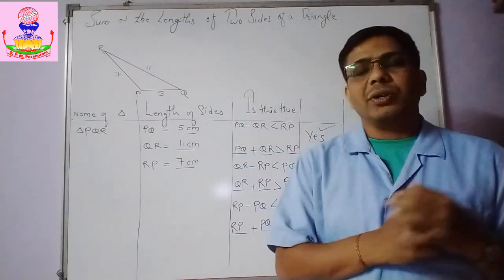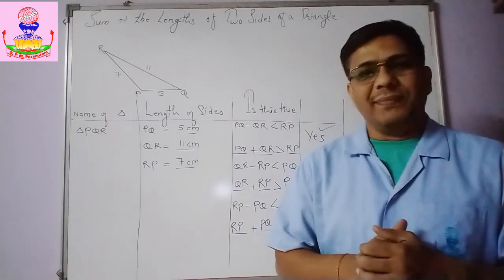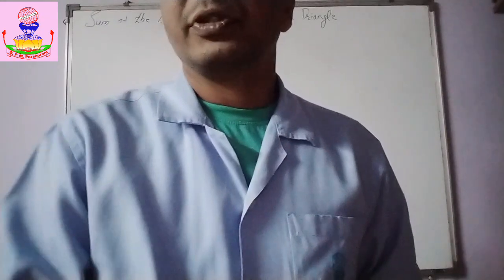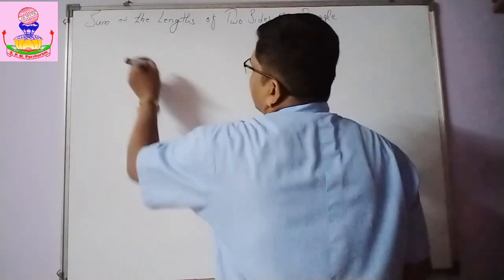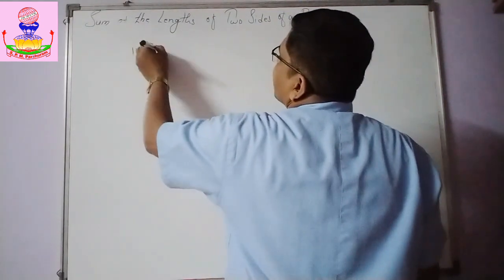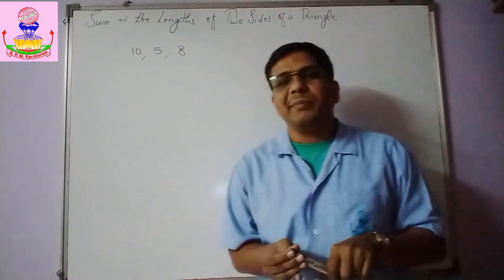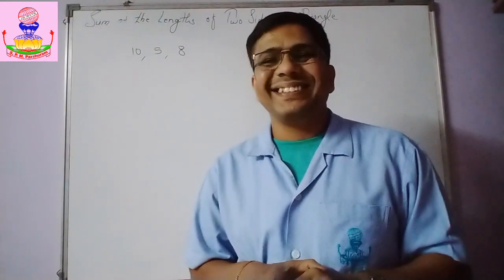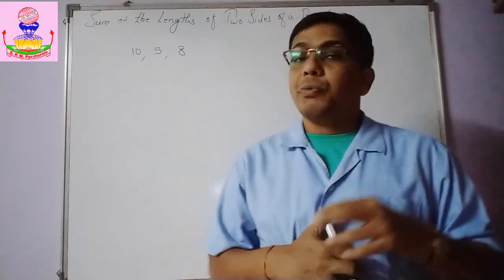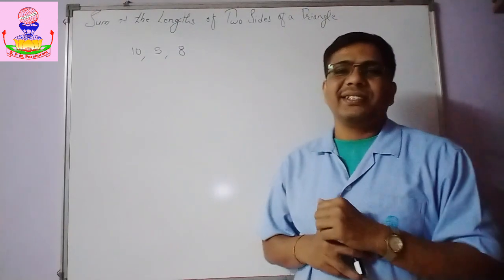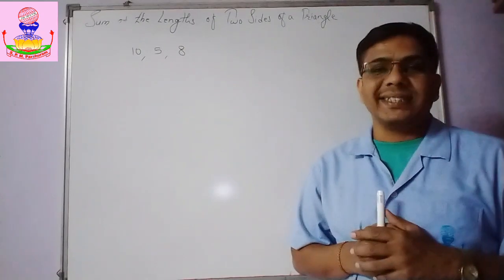So let us go to the examples and solve some of them. Now see, suppose these are three lengths which are given: 10 centimeter, 5 centimeter and 8 centimeter. Now you are supposed to find whether a triangle is possible or not. So which property are you going to use? Yes, the sum of the lengths of two sides of a triangle is greater than the third side.